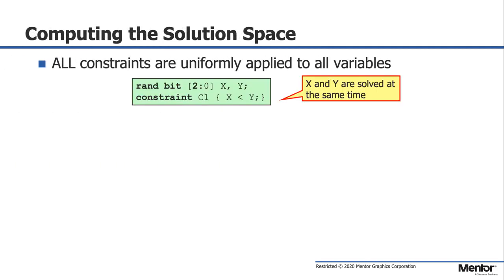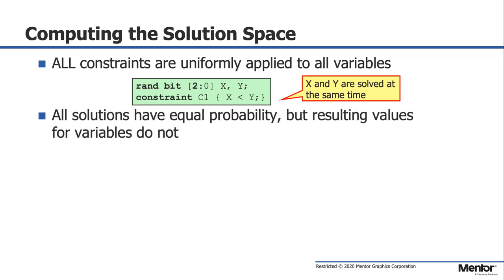So let's go into talking about the solution space and how probability and statistics affects the results. So we're going to take that example where we had x less than y, and we're going to add one more bit to the variables, so we have two 3-bit variables.